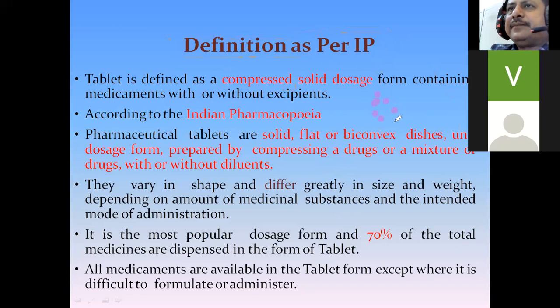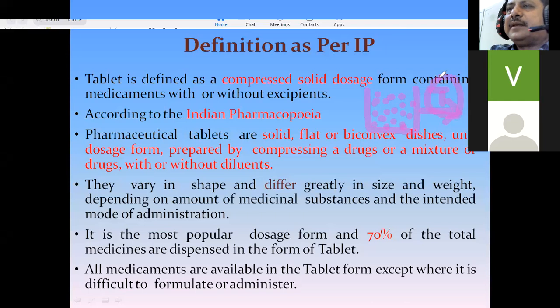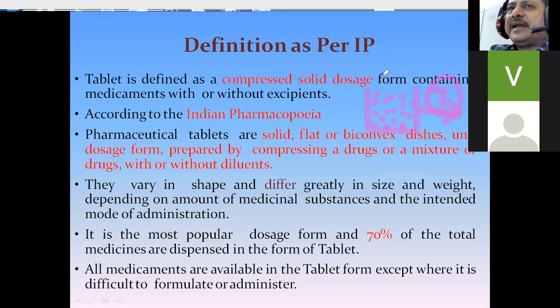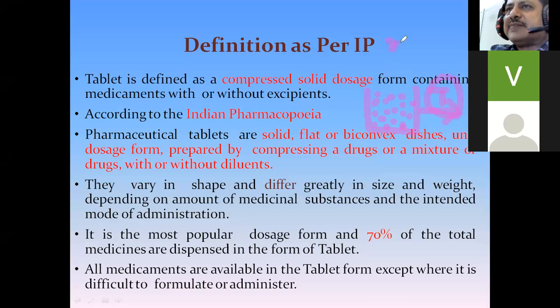For example, you have a powder placed over here. When you go for tableting, you will prepare it by two techniques. One is by molding, and the second one is by compression.